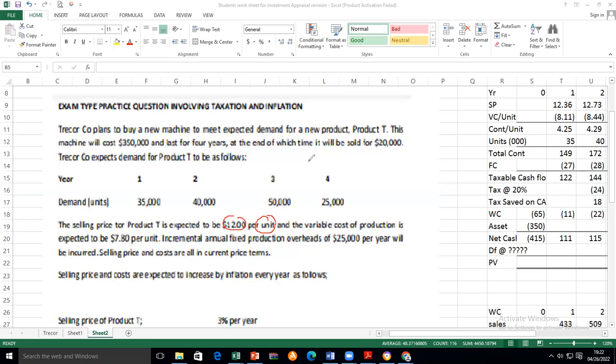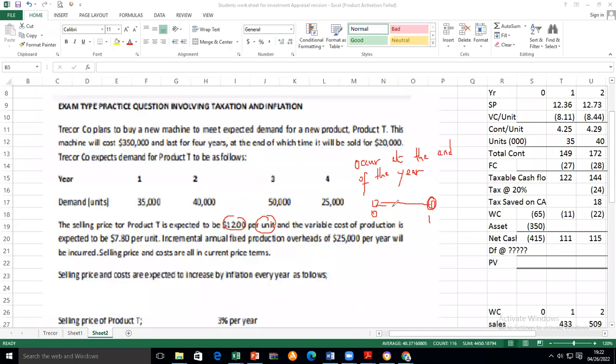But in investment appraisal, we assume that the cash flows occur at the end of the year. That is the assumption that we make. So all the cash flows and all the revenues that happen between year 0 and year 1, we assume that they all take place 1 year from now.